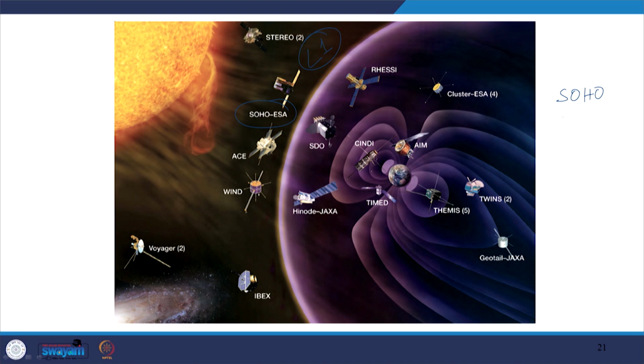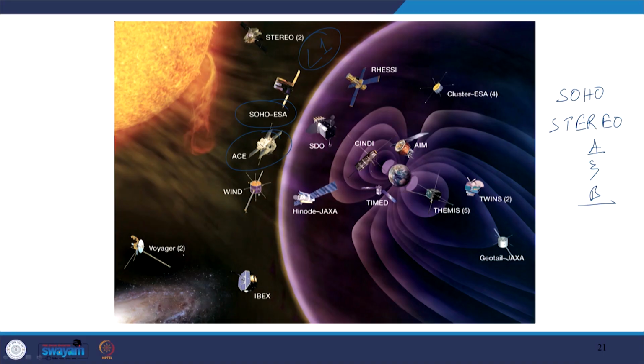One is SOHO and another is STEREO A and B. These two missions look at different sides of the sun simultaneously, helping us understand how the sunspots move over a period of time and how coronal mass ejections develop. Another very important instrument is ACE, the Advanced Composition Explorer. These instruments are enhancing our understanding of the solar wind and the various processes associated with it.